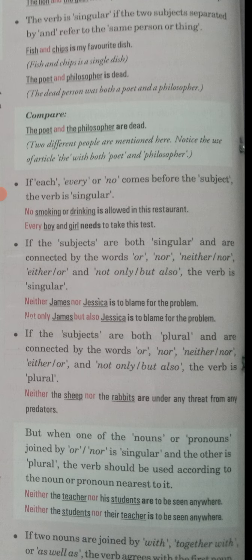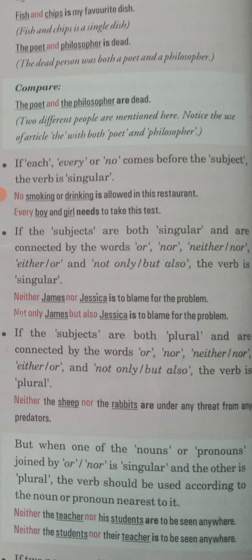The next point is, if the subjects are both singular and connected by the words or, nor, neither nor, either or, and not only but also, then in that case also we will put the verb singular. If you find in your sentence neither nor, either or, not only but also, if you have used any one of those mentioned, your subject will be considered as single, and the verb you will use is also a singular verb.